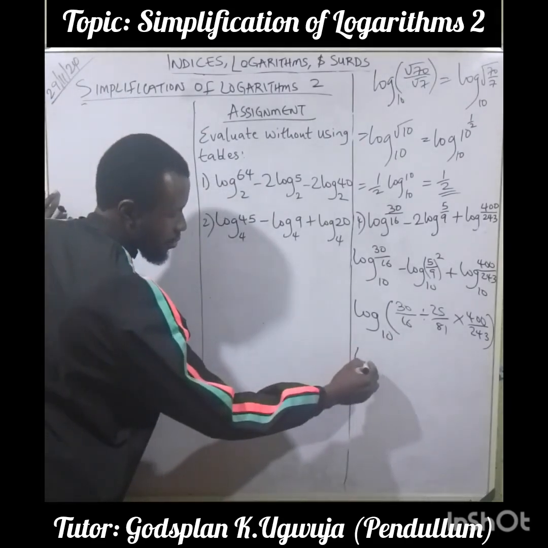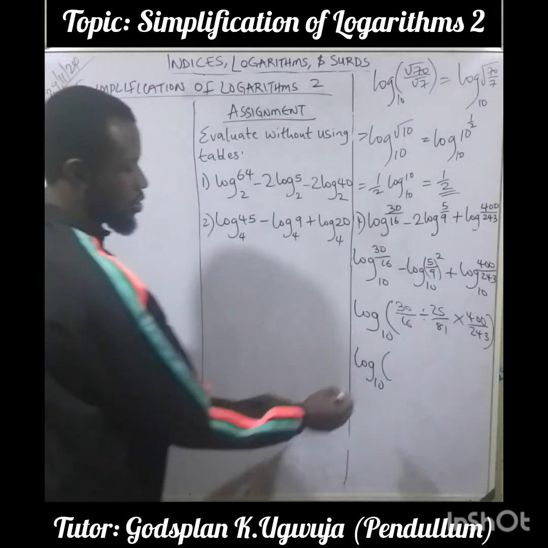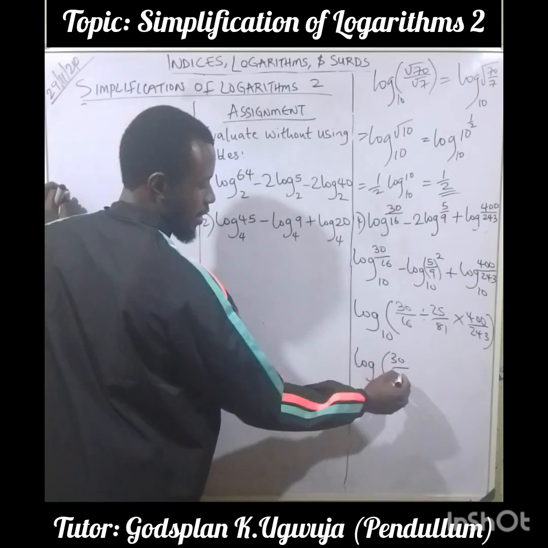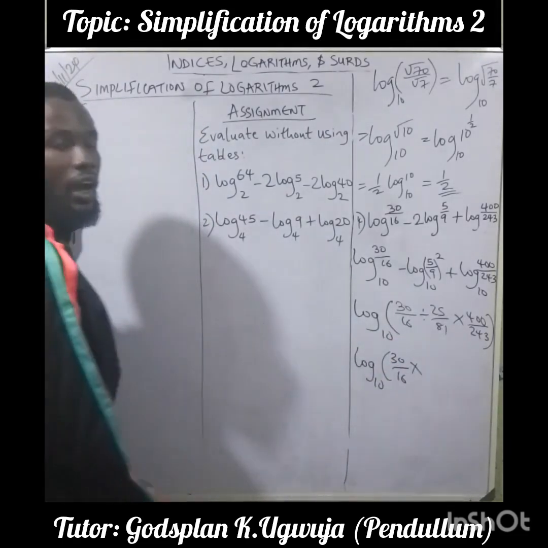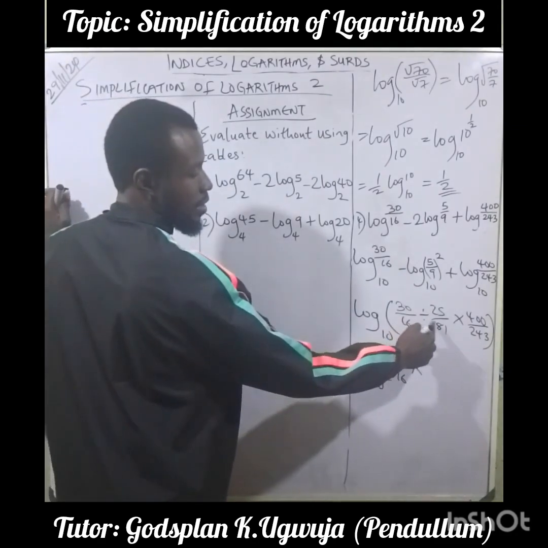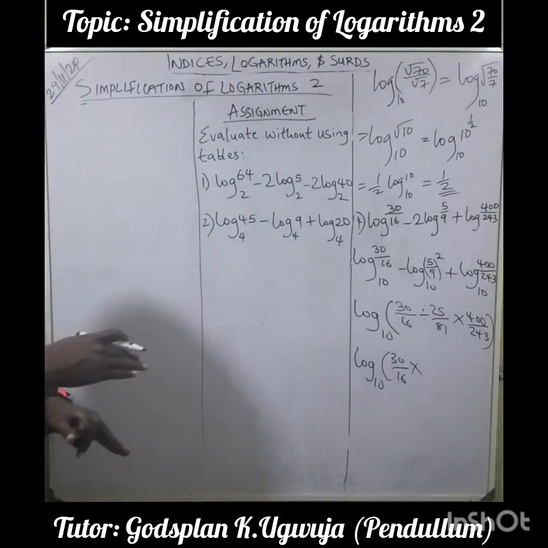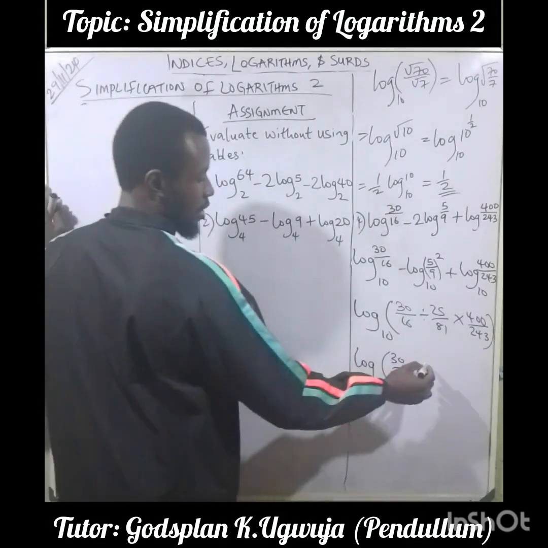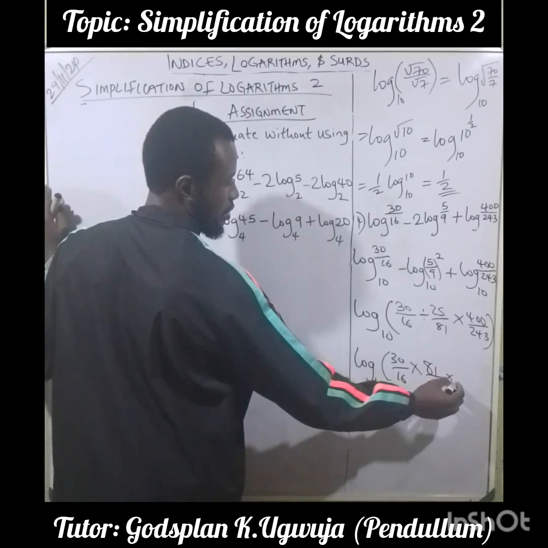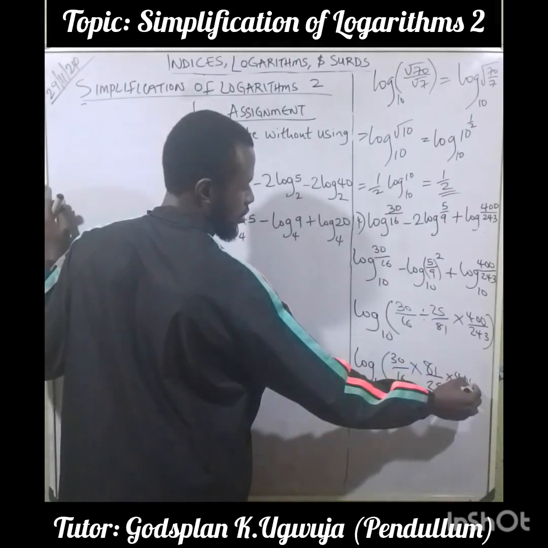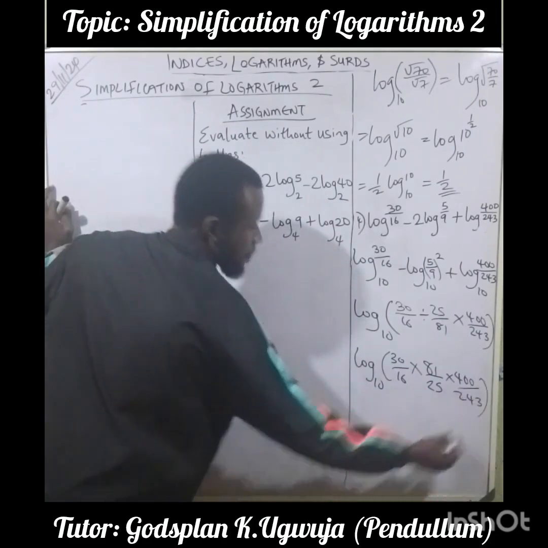Now, what again you need to remember here is that when you are solving division and it involves fractions, this one remains like this. Now, this division has to change to multiplication, and when you change this, the fraction after the division sign needs to be inverted. So you need to turn it upside down and it becomes 81 over 25. Then this one remains 400 over 243.